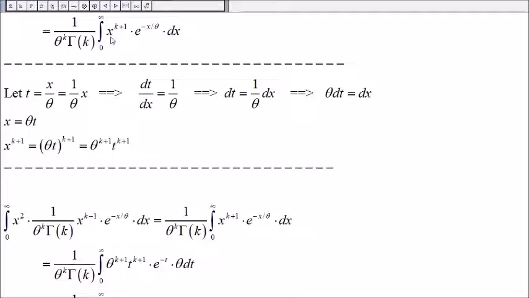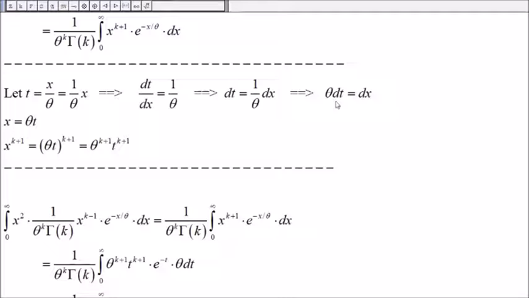From here, in the place of x to the k plus 1, we have theta to the k plus 1 times t to the k plus 1. X over theta, that's t, so we have e to the negative t.